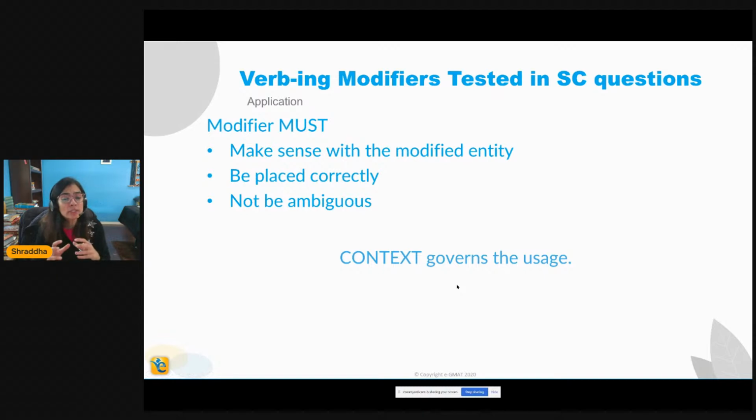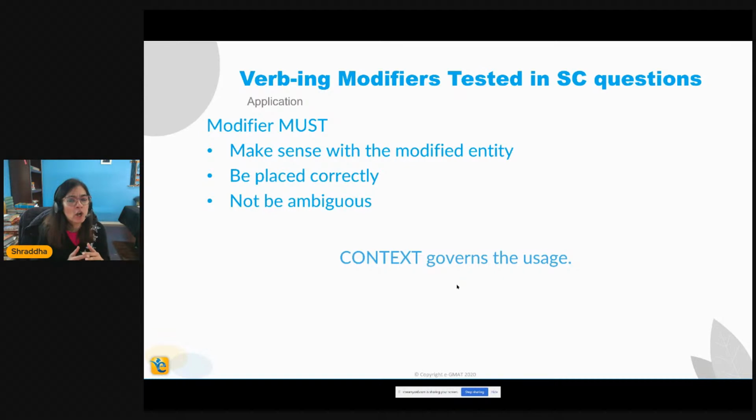Also, how to determine whether it's an action modifier, whether it's a noun modifier, whether it is presenting result, whether it is presenting the how aspect? Pay attention to the context of the sentence through the entities used in the sentence and the meaning that the sentence presents. It's very important to pay attention to the meaning of the sentence, which will help you identify the grammar in the sentence, whether it's right or wrong.